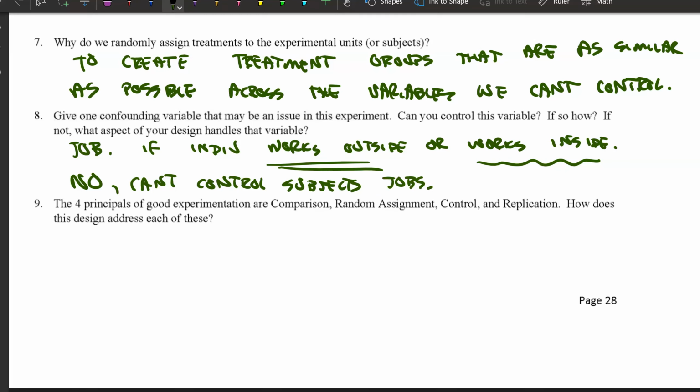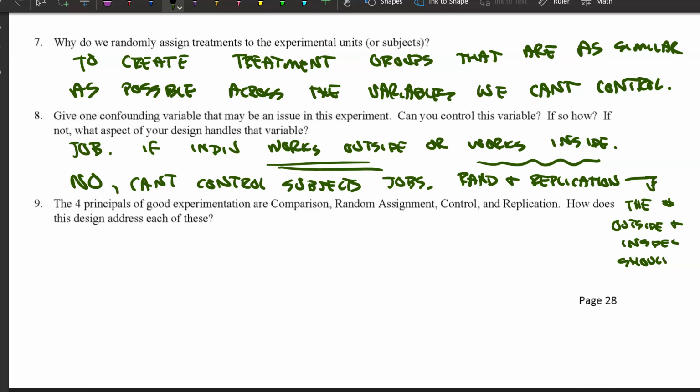If not, what aspect of our design handles this variable? The randomization and the replication. By randomizing and having enough subjects, the number of outside workers and inside workers should be balanced in all treatment groups.